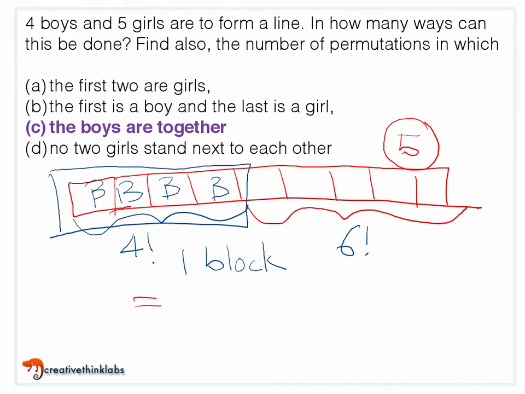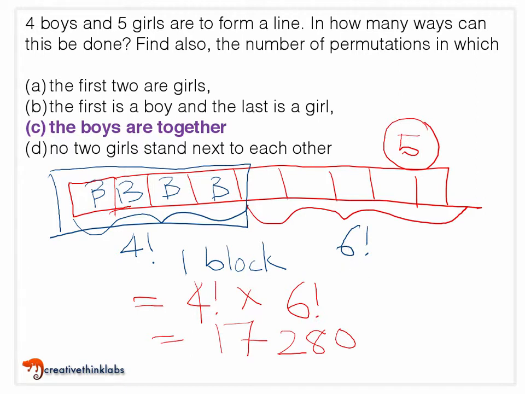So the answer is 4 factorial multiplied by 6 factorial. And this will give an answer of 17,280. Now, this ensures that the boys are always together as they are being rearranged among the girls.